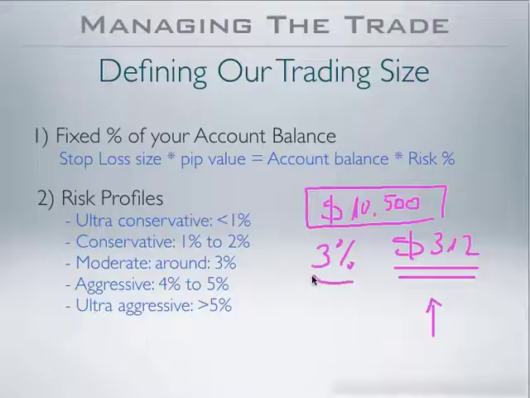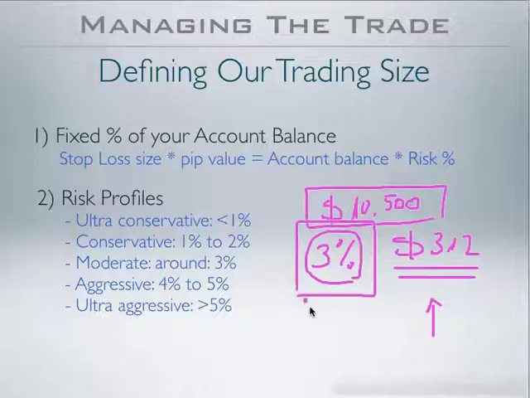You always risk exactly the same percentage of your account size on every trade. So one given trade doesn't make or break your trading account. At the end of the day, you are always risking the same amount, which is again 3% of your account. So you treat every single trade in the same way.